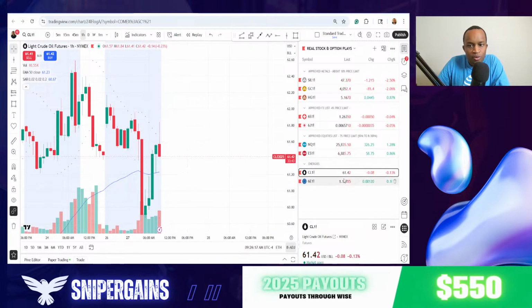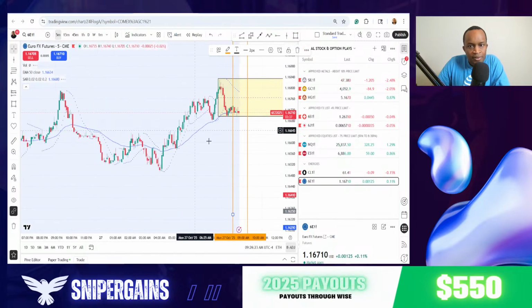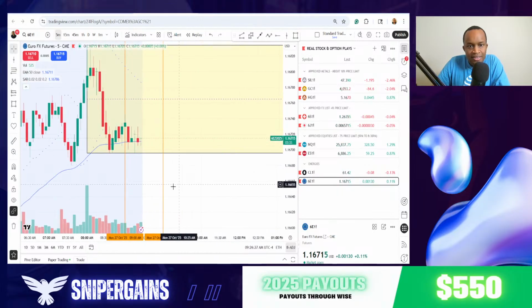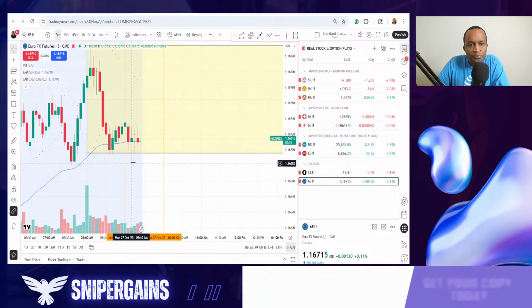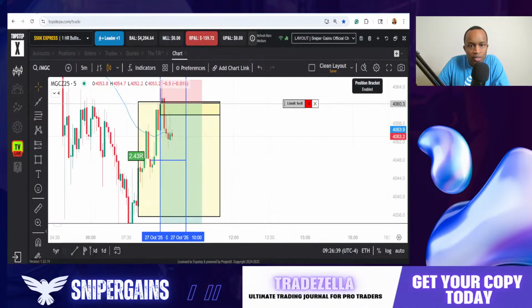It needs to kind of form. And there is a setup also on 6E as well. So that one I'm just keeping on the side just in case the other one doesn't work out. I have a backup plan on 6E, but I do need it to sweep. So we'll come back to this if we have to, but ideally I still want to take that gold trade.